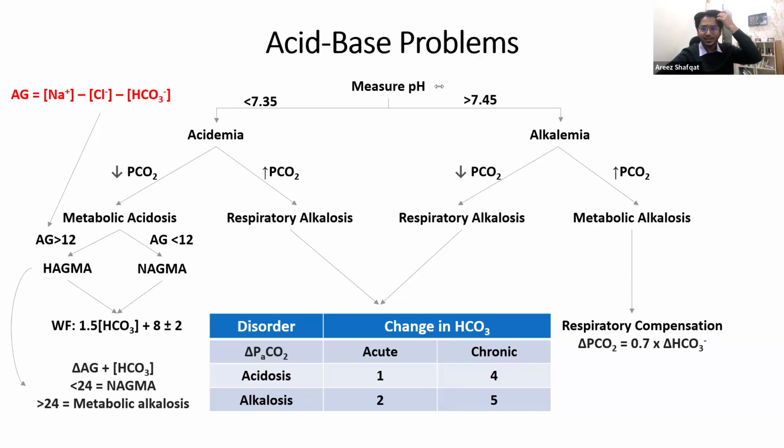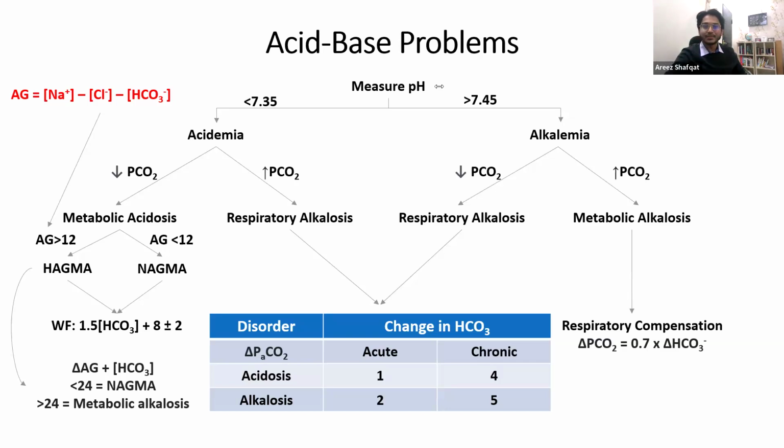I don't think they would give you an acute respiratory alkalosis and ask you to calculate the compensation. Most of these questions are from UWorld and AMBOSS, and they usually give a history of either hours or days of symptoms, which basically means the patient should be chronically compensated. So you always use 4 or 5, and usually the range is whatever value you get plus or minus 3. Okay?